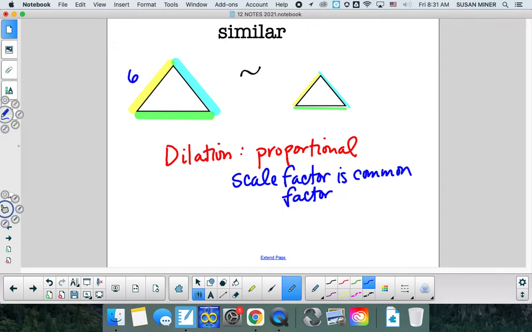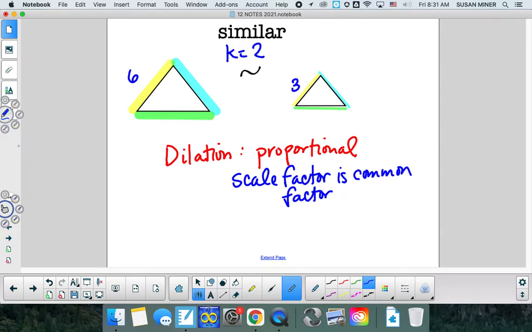Well, if the scale factor here is 2, right, then this side that matches up with the yellow side, yellow side to yellow side, would be a 3, because the common factor here is 2. 6 is 2 times bigger than 3. And so they are proportional to each other.